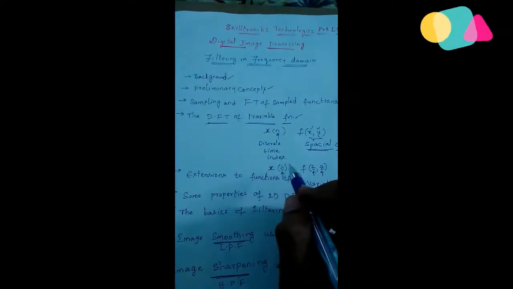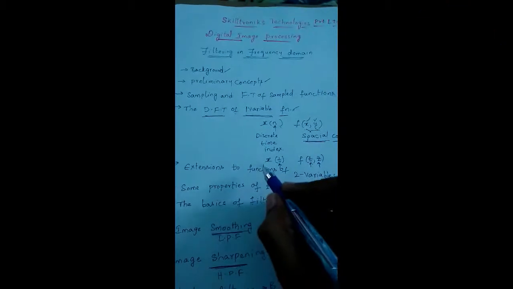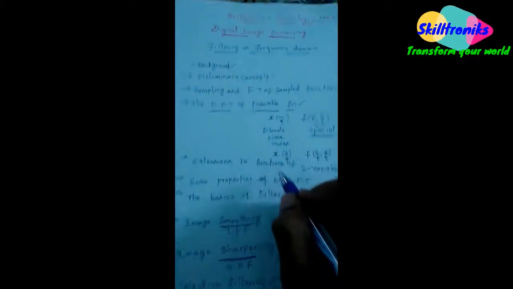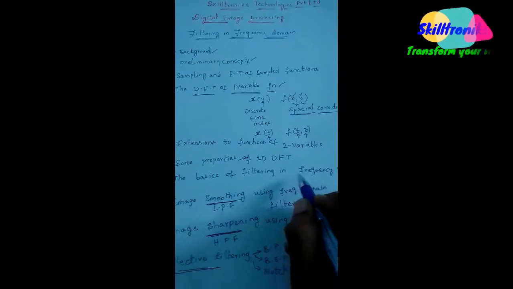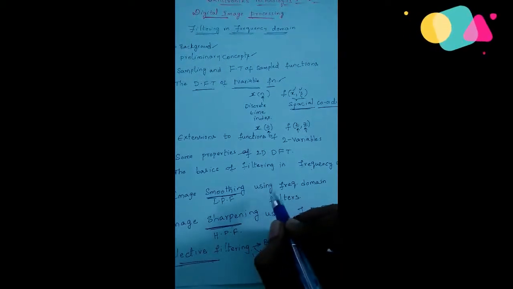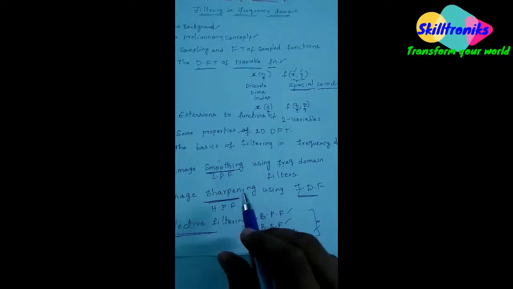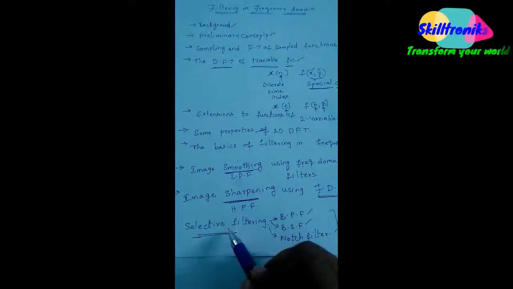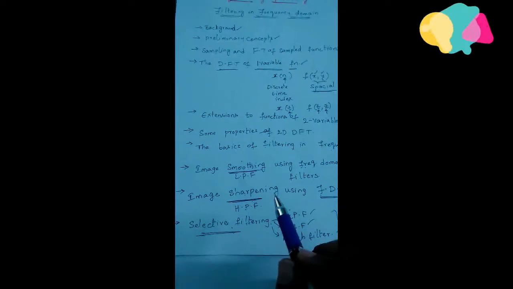We will also discuss some important properties of the two-dimensional discrete Fourier transform, the basics of filtering in frequency domain, smoothing and sharpening of images in frequency domain, which are low pass and high pass filtering, and filtering using selective filters: band pass, band stop and notch filters. So this is the summary of the previous lecture.